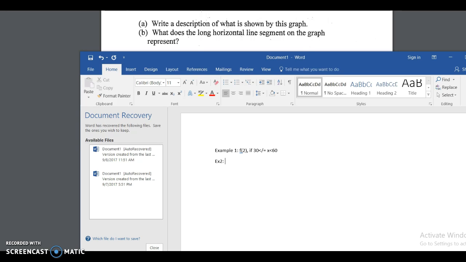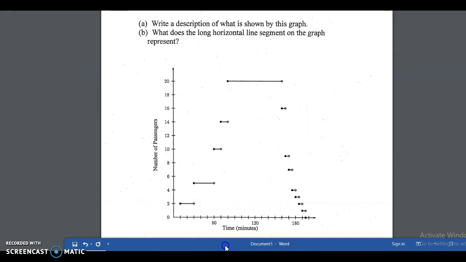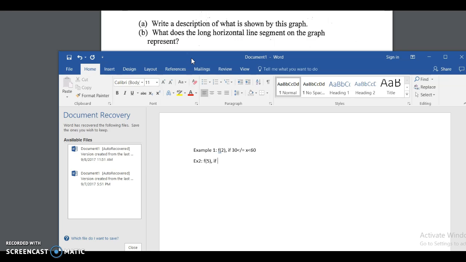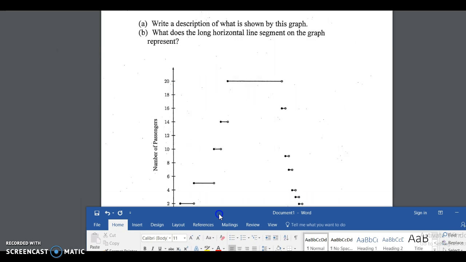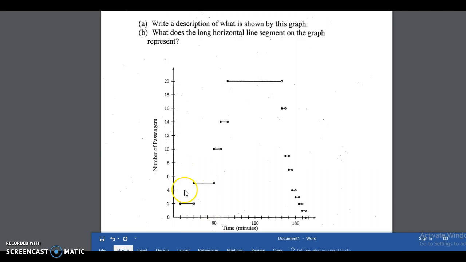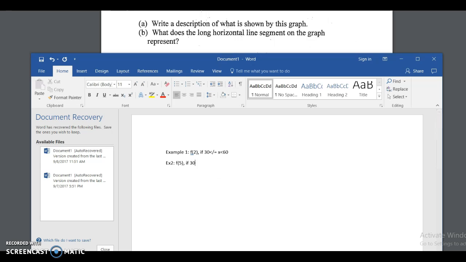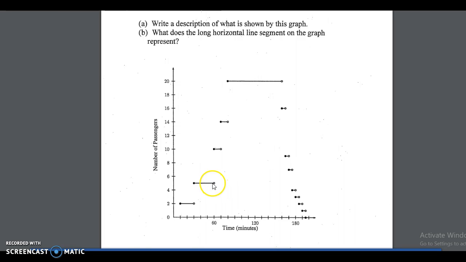This would be shown as f of 5 if 30 is less than or equal to x, then x is less than, and this is where we come to our open circle, because it's not actually on the graph, 60.